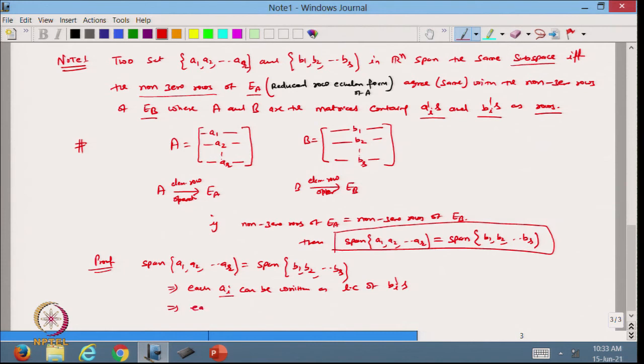Similarly, each of the BIs can be written as a linear combination of AIs, because that is what we have assumed, and from there I can say that the range space of A transpose will definitely be equal to that of B transpose, and if that is there, then the converse also follows.